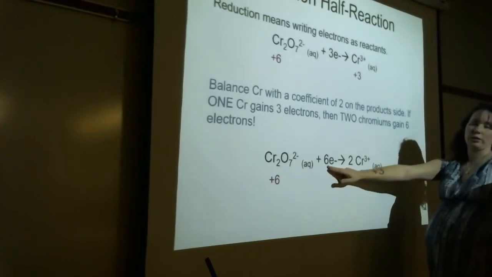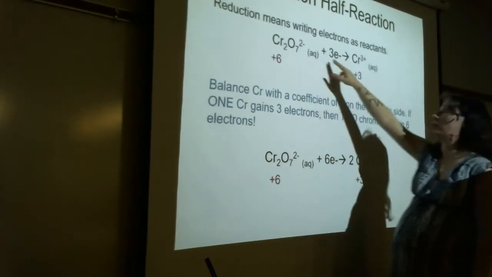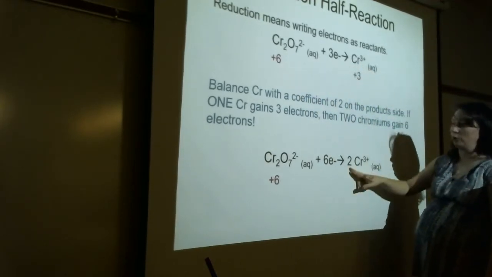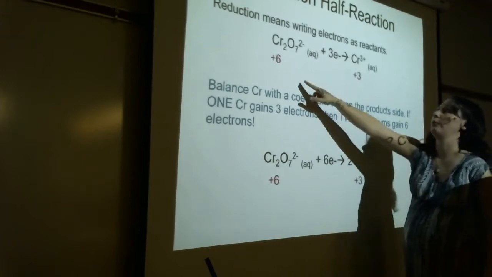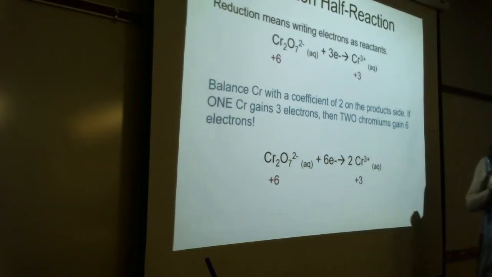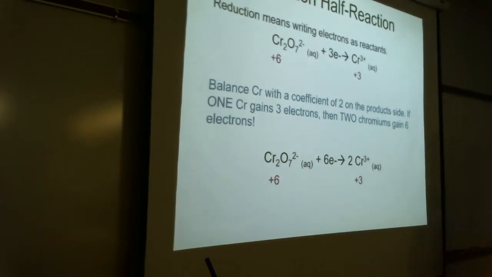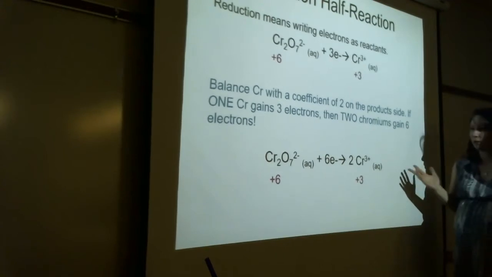I gain 6 electrons, right? Because the only way that I can balance chromium is by putting a coefficient of 2. So if 1 chromium gains 3, then 2 chromiums gain 6. Do we agree here?